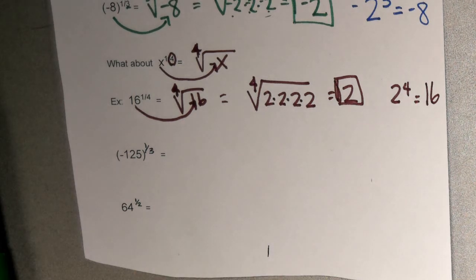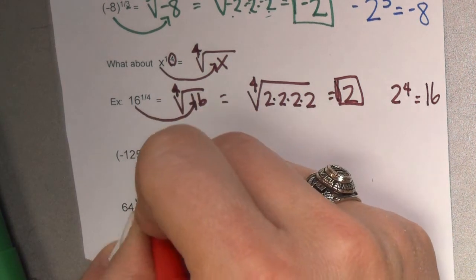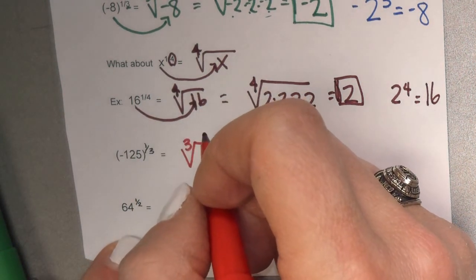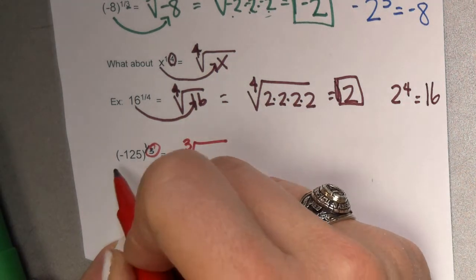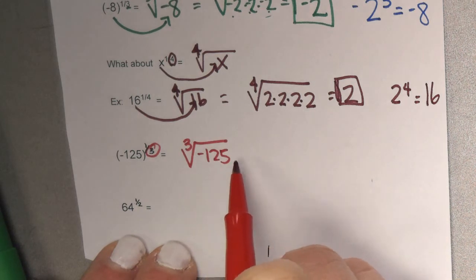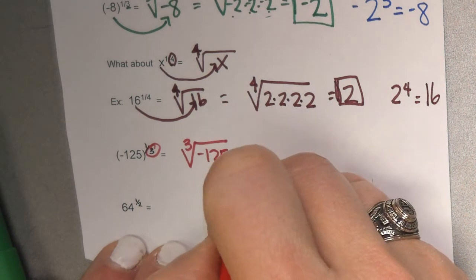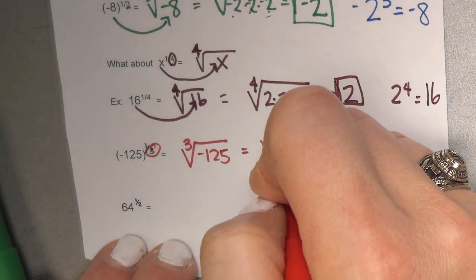Okay? Negative 125 to the 1/3. There's going to be a cube root because it's 1/3. Negative 125. We have to ask ourselves, what times what equals negative 125? Well, that's going to be a negative 5.